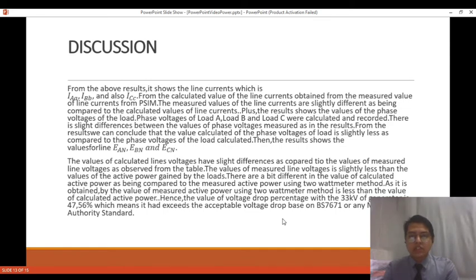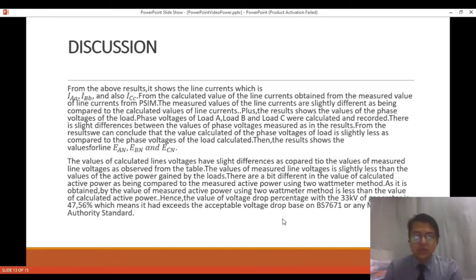Plus, the results show the phase voltage of load A, load B, and load C were calculated and recorded. And there are slight differences between the values of phase voltage measured, as in the results. From the result, we can conclude that the calculated phase voltage of the load is slightly less as compared to the measured phase voltage of the load.